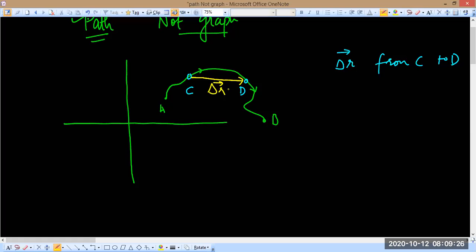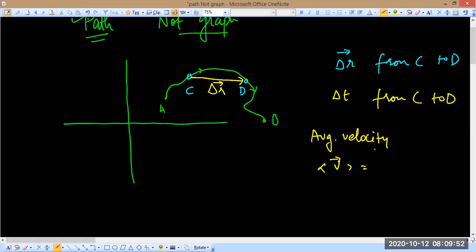Then suppose it took a time interval delta t to go from C to D. Then of course you can find the average velocity by taking delta r vector upon delta t. I don't think anyone has any problem with that. Displacement upon time interval.